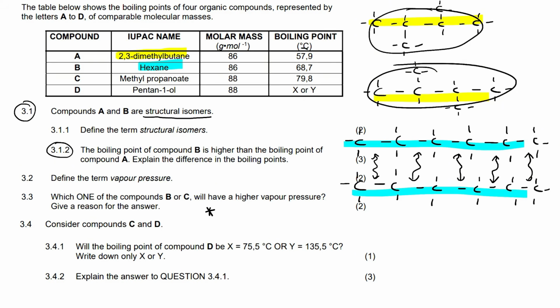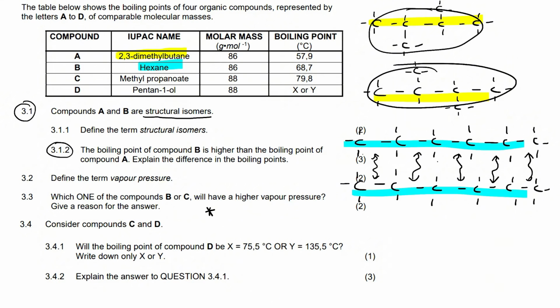So that is why their boiling point is lower, because you don't need as much energy to separate them. Whereas these, they can get nice and close, and there's a large surface area. So the surface area is the main thing we're talking about here. Because they have a larger surface area, the London forces are stronger. And so you've got a larger boiling point.